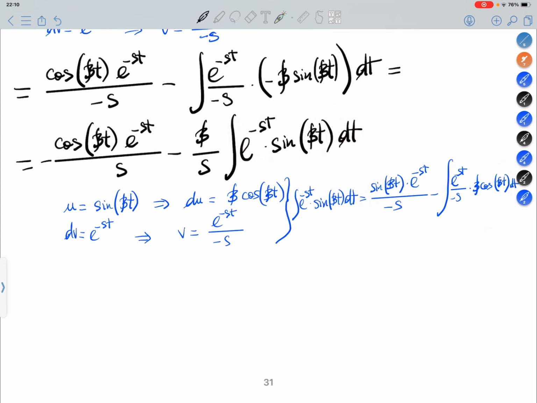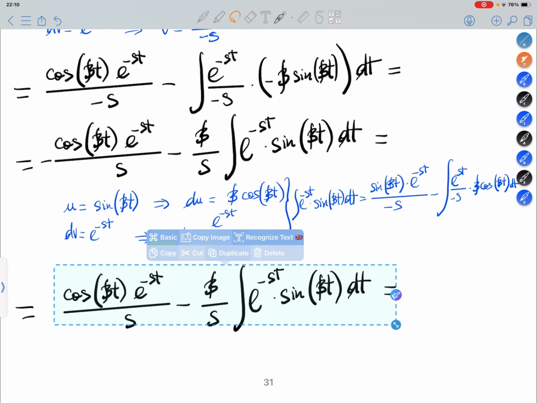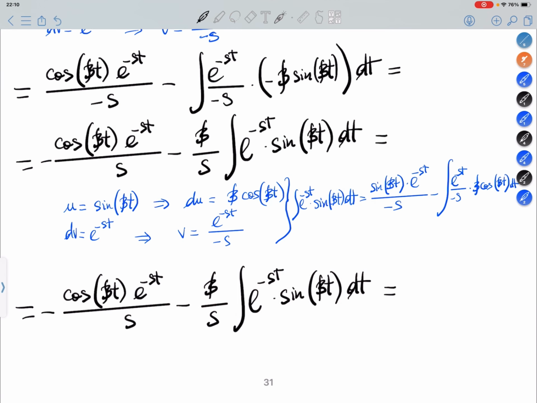So this means that what we got here, we can copy it down here, with the minus, and then for the integration we can substitute what we have just found.